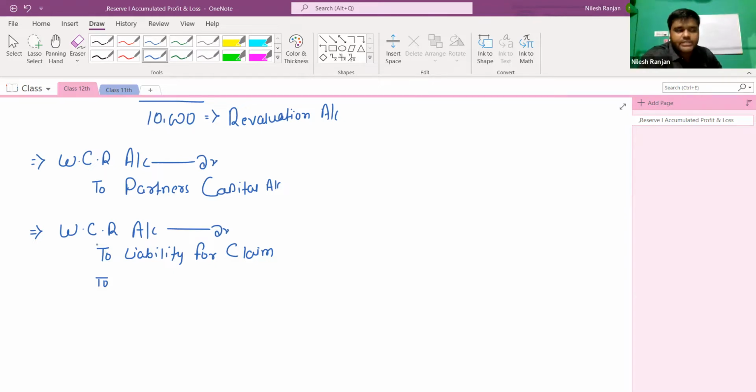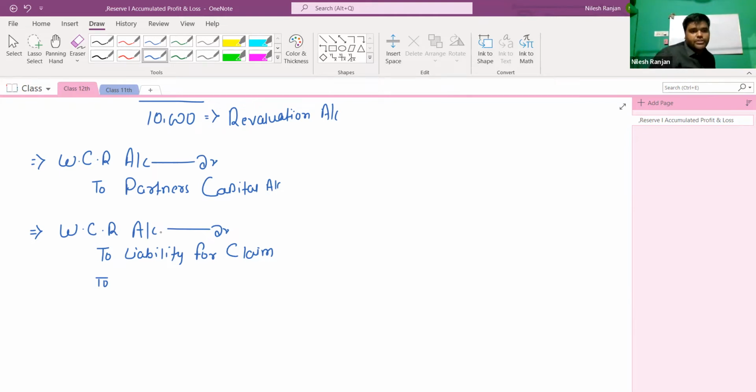Yes, it's an expense because damage happens and now we have to pay the compensation for that damage. So it's a liability for us. And because we are paying this amount, it's a loss for us also.